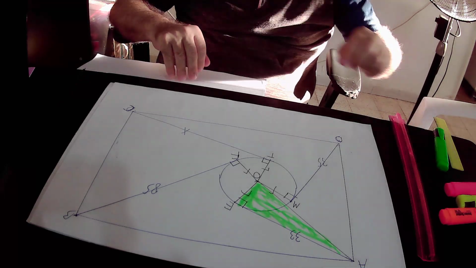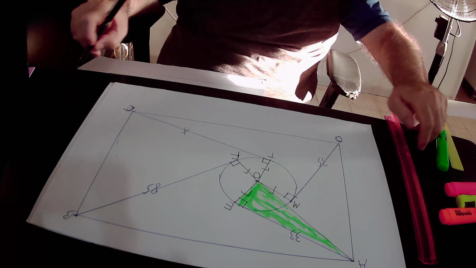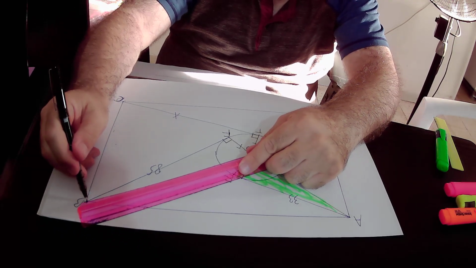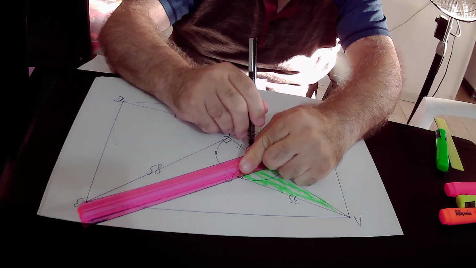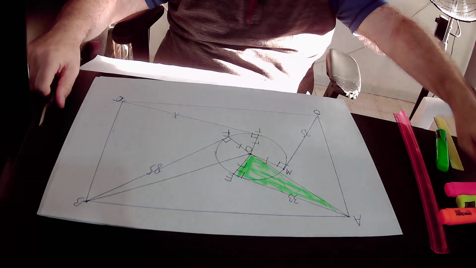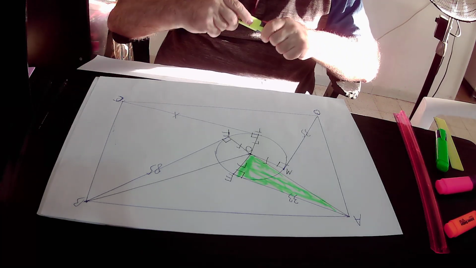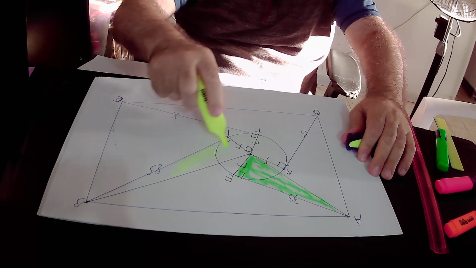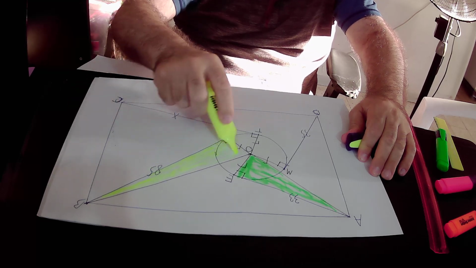In the next step, we join points O and B together by a straight line. And we implement the Pythagoras theorem on the right yellow triangle, triangle OFB.